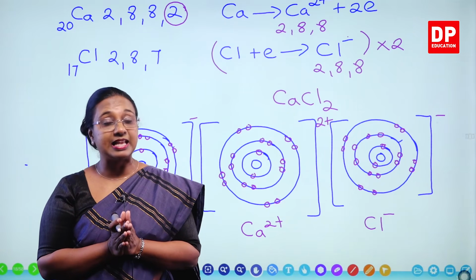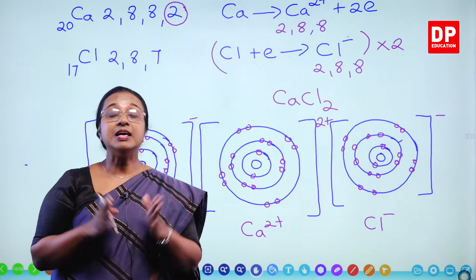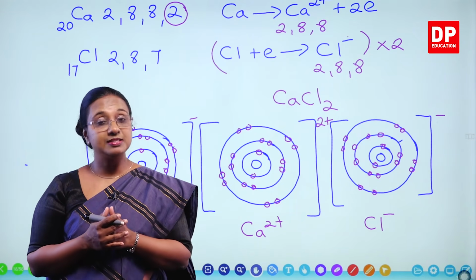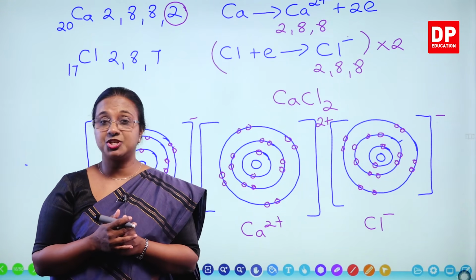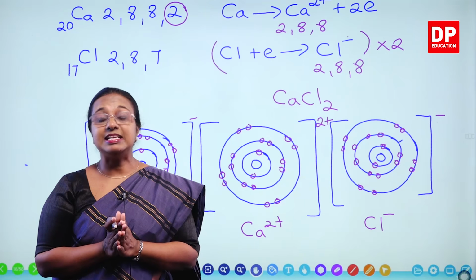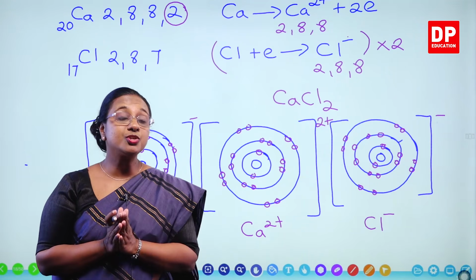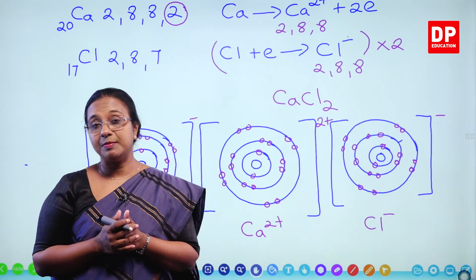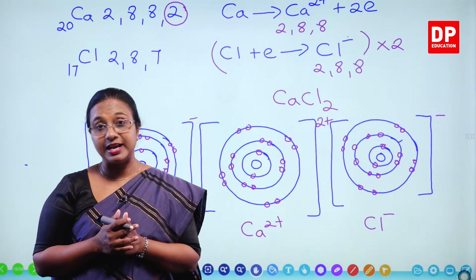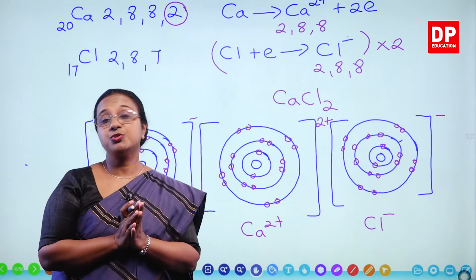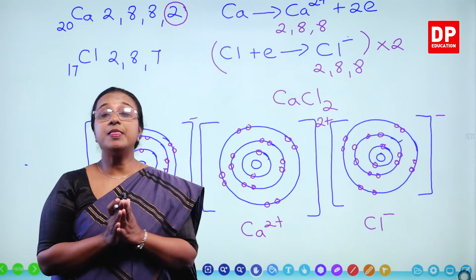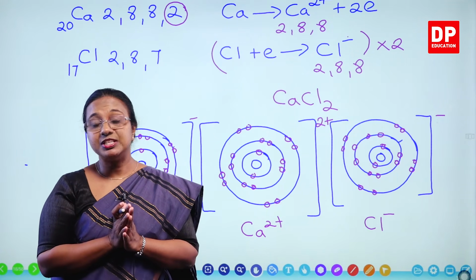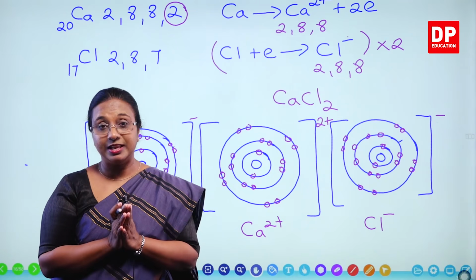And when ions arrange themselves in a three-dimensional array, they give rise to the crystal lattice that is known as the ionic lattice. And you can remember in sodium chloride, that is the common salt, which is a crystalline structure, in the lattice, there are 6 chloride ions around a sodium ion and 6 sodium ions around 1 chloride ion. That is only for sodium chloride. Depending on the types of ionic lattices, the ratio between the positive and negative ions can vary.